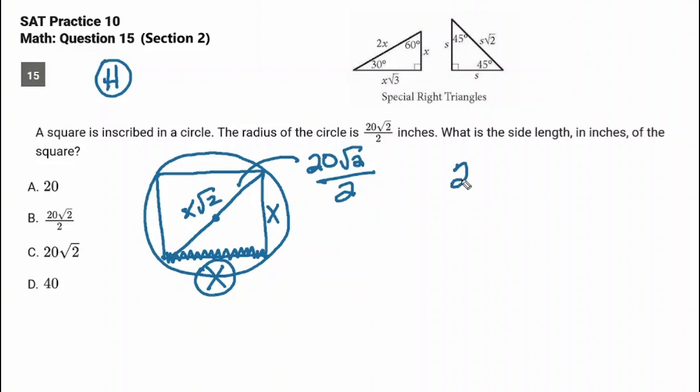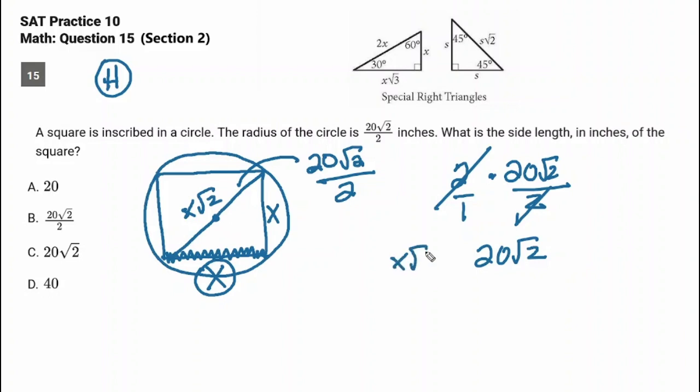So you got to say 2 times the radius, 20 root 2 over 2. I'm going to put this 2 over 1 so I can just see that those 2's can go away. I can reduce. And what's the diameter? What's this line right here? It's 20 root 2. All right, what is the diameter as well as being 20 root 2? It's x root 2. So x root 2 is 20 root 2.